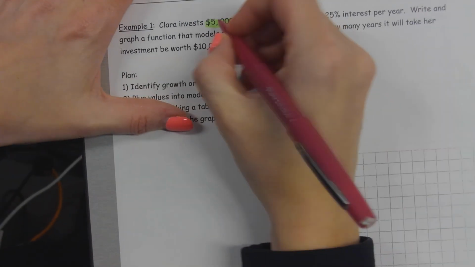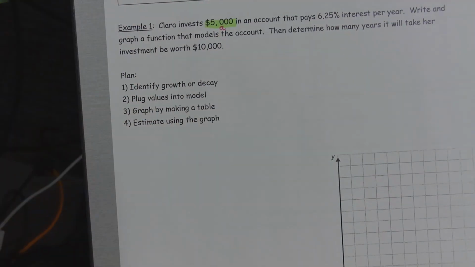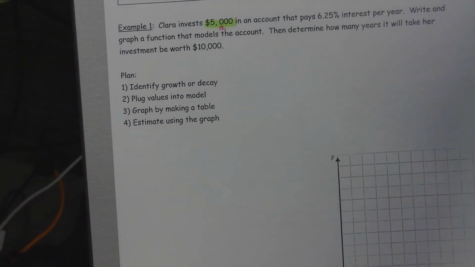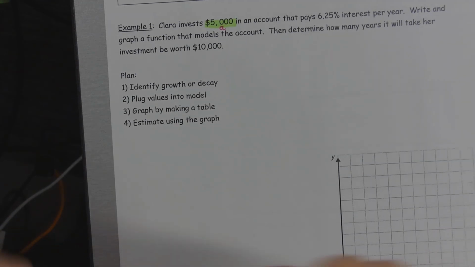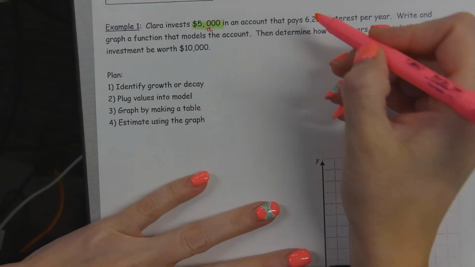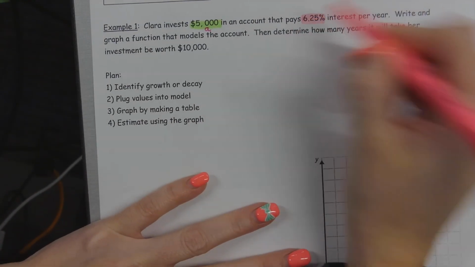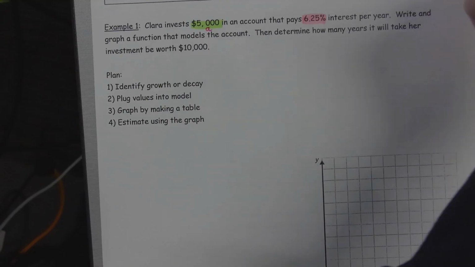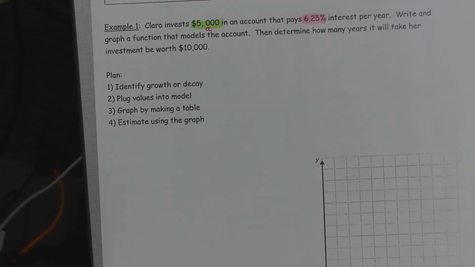Yeah, so that would be your A. All right, great. And then Nolan, will you give me something else that you highlighted? 6.25%. Nice. Okay, so the 6.25% interest rate. So that's going to go in for what variable?